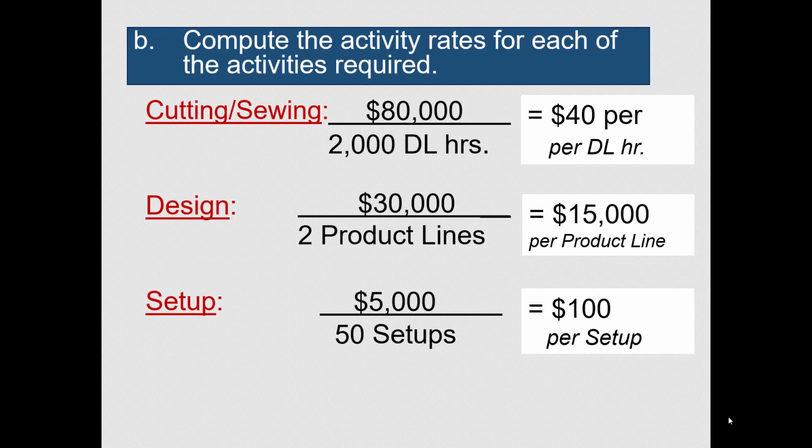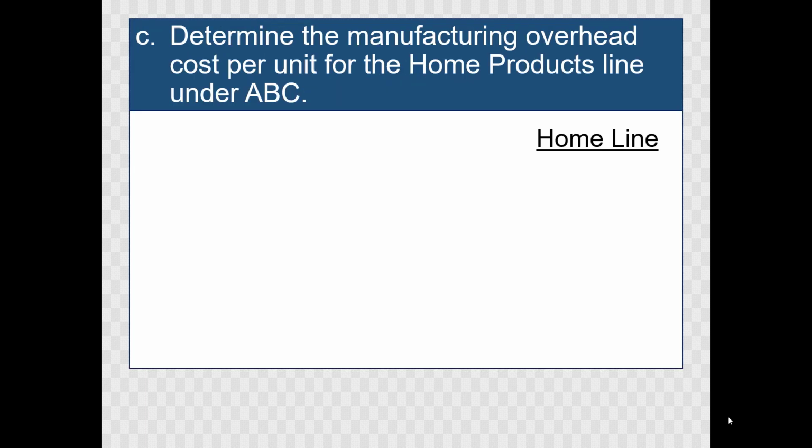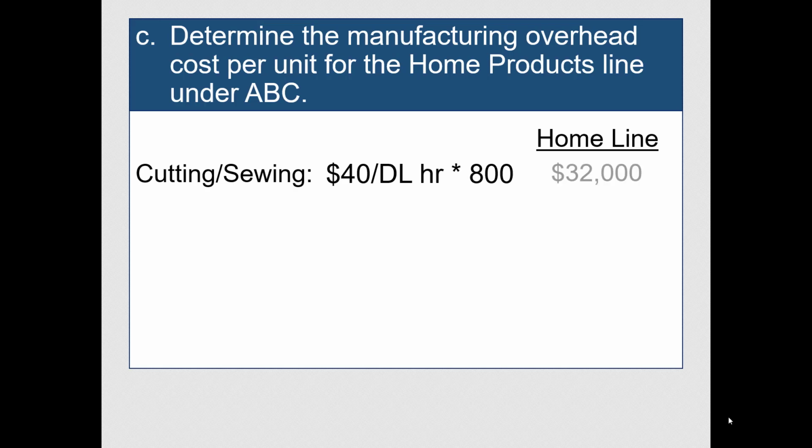So these are our activity rates, and now in Part C, we are asked to determine the manufacturing overhead cost per unit for the home products line under ABC. You will need to apply overhead using all 3 activity rates. Cutting and sewing, our rate was $40 per direct labor hour, and 800 hours are required to produce the home line.